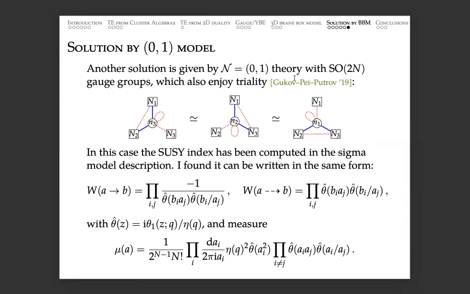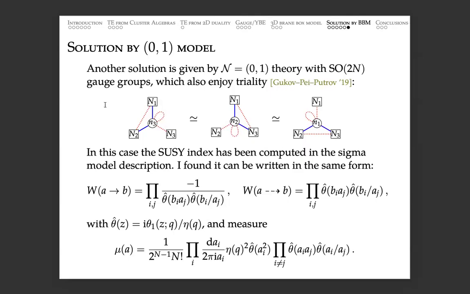Okay, and the combinatorial features of this triality for these (0,1) supersymmetric theories are almost identical to the case of the original triality for (0,2) theories. But unlike the (0,2) case, for the (0,1) triality there's no issue of this gauge anomaly. There's no anomaly. They show that in this paper.